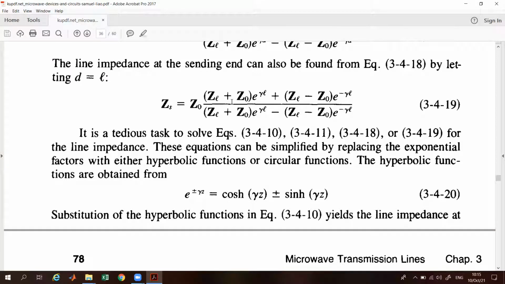So if you divide the denominator and numerator by ZL plus Z naught, then it will be 1 here, it will be 1 here, and it will be ZL minus Z naught divided by ZL plus Z naught. This one will also be ZL minus Z naught divided by ZL plus Z naught.